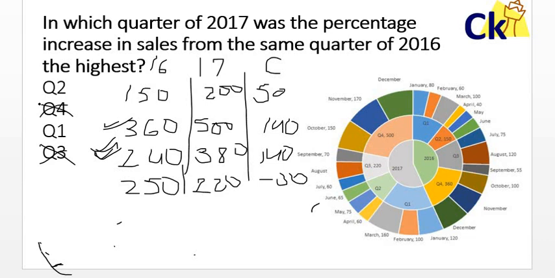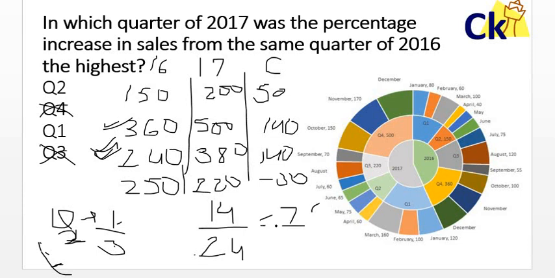Now if we see clearly, quarter 2 is nothing but 50 by 150, that is 1 by 3. And for quarter 1, what we see is nothing but 140 by 240, that is nothing but 7 by 12.